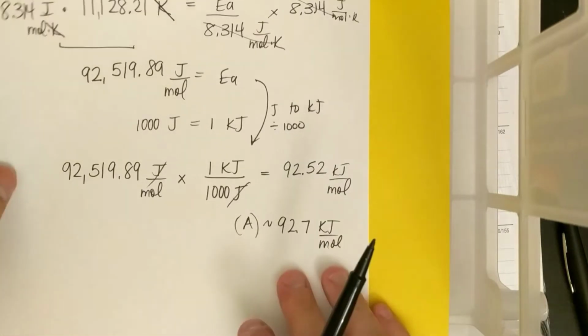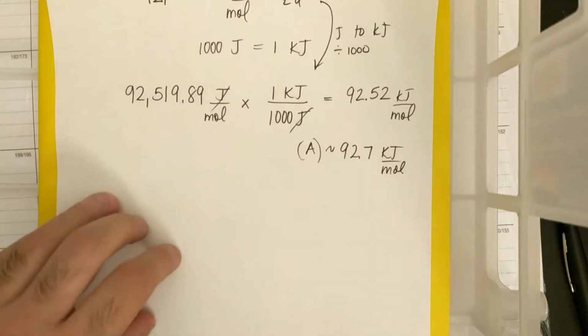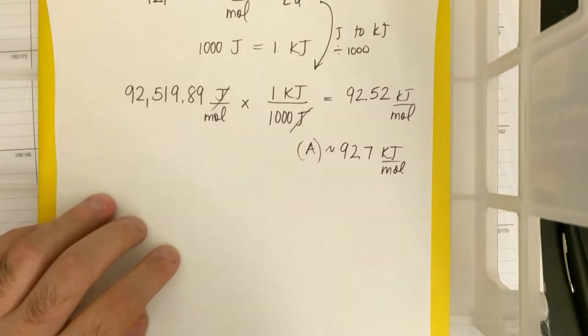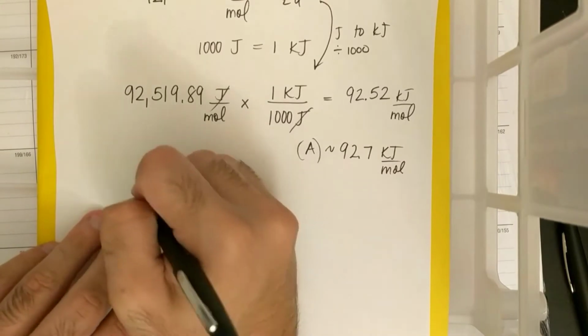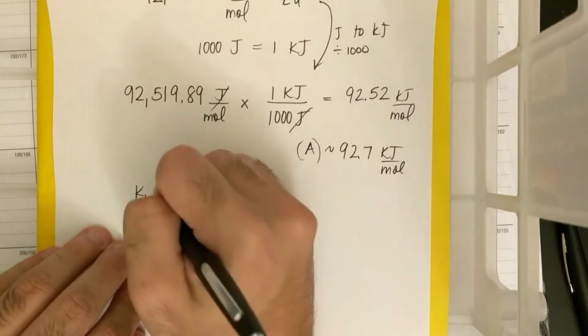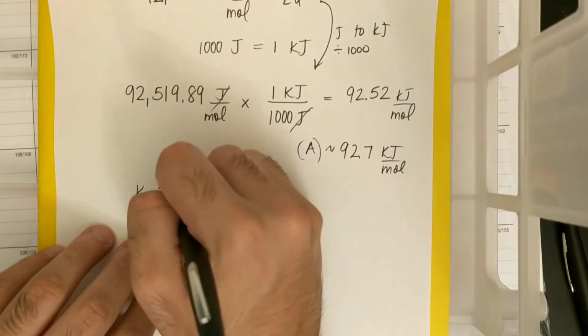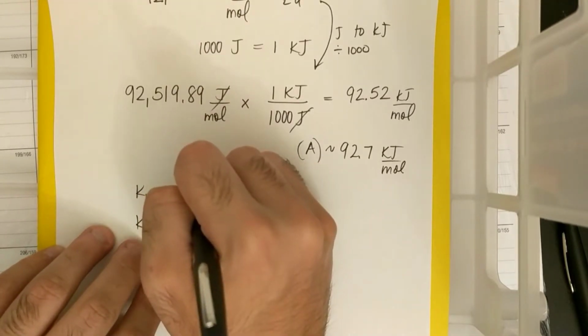Okay, and then to end, connecting to question number 20, question 20 gives you K1 and K2, and it gives it to you at different temperatures.